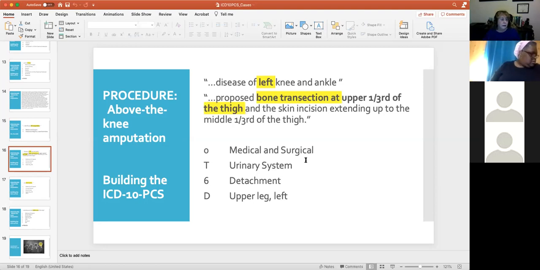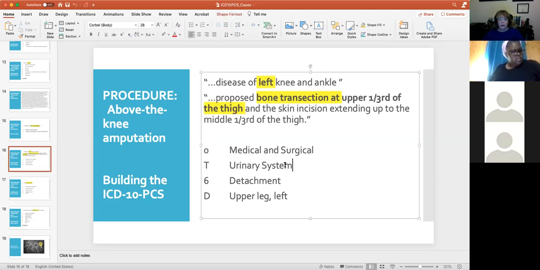Are we good? Hold on. The fact that it says above the knee, but that just includes the knee and the lower leg, right? That doesn't actually include any of the thigh bone, does it? This is wrong. It's a urinary when it should be a Y. Oh my gosh, you are correct.